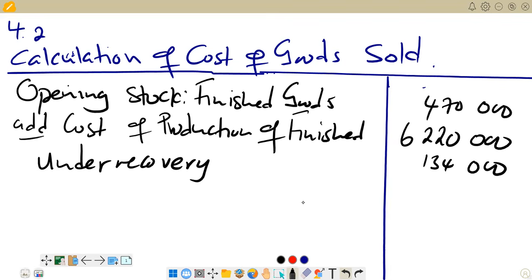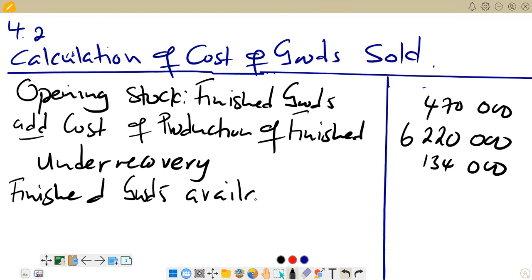So after that, now we are going to find the figure for finished goods available. This is the figure that we are going to get there.